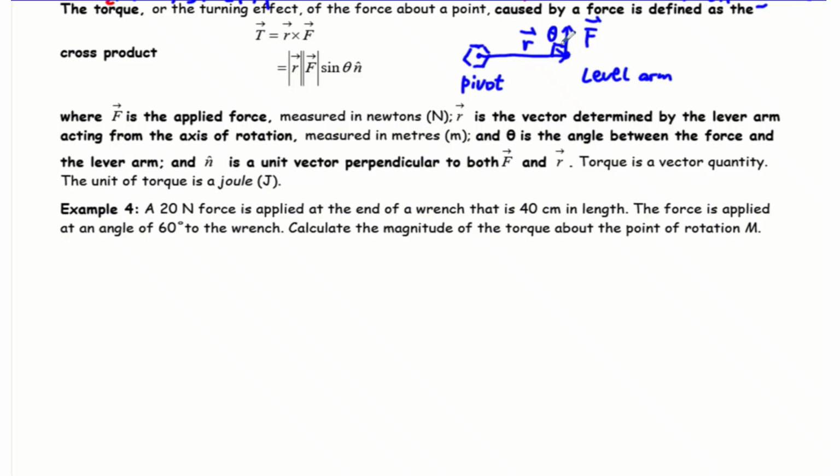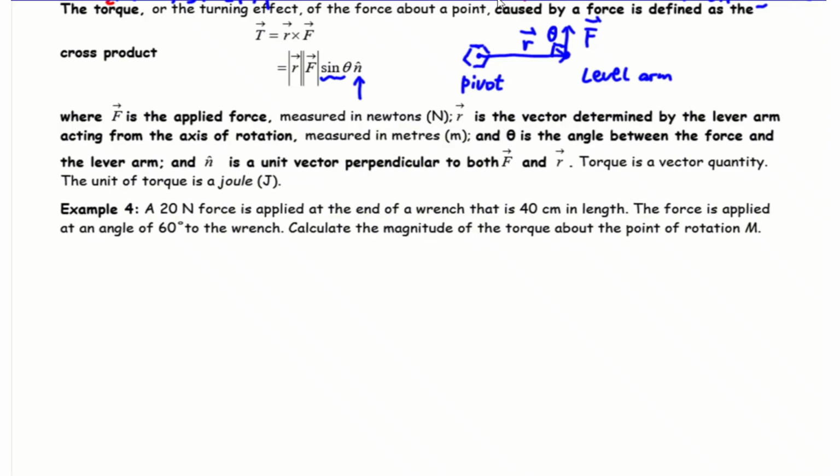The angle theta is the angle formed between the distance vector from that point and the force vector applied. The magnitude of the cross product is R times F times sine of this angle. The torque, being a cross product, is a vector, so for the direction we use n to represent it. How do we determine the direction of n?